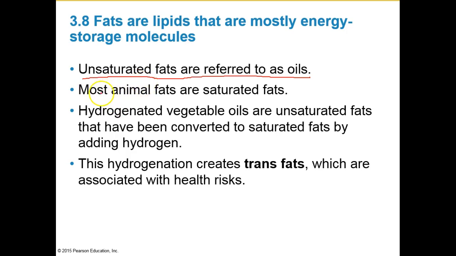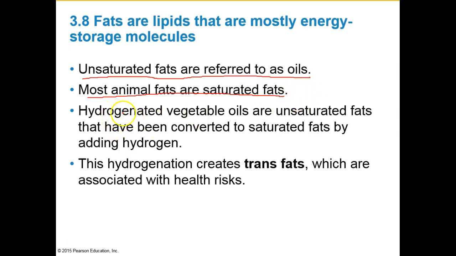Alright, most animal fats, however, are saturated fats, and that includes butter, and lard, and all your good southern cooking. Those things are saturated fats and aren't supposed to be as healthy for you.